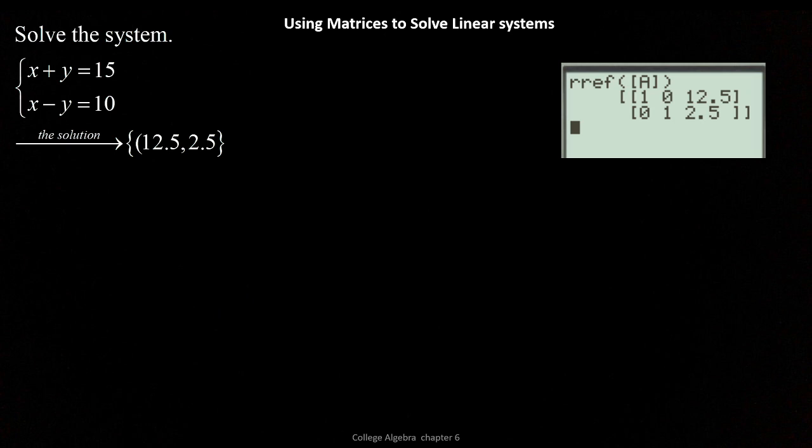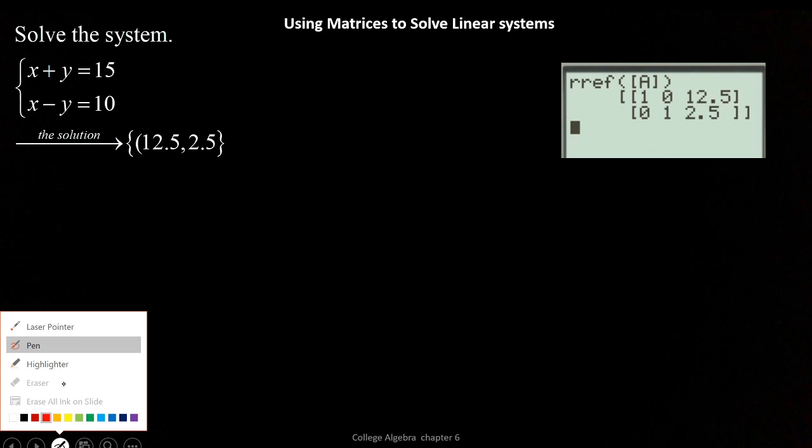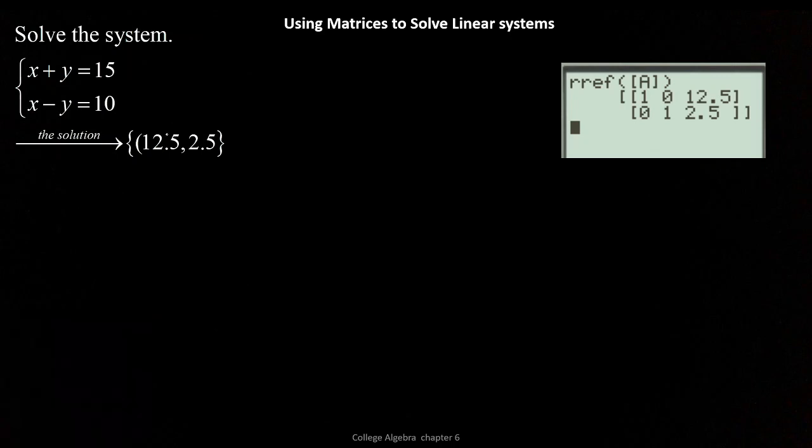So we know that if you have a 2 by 2 system, we can solve it using RREF. That means we can convert this to a matrix equation, right? So we have the matrix of coefficients on the left in order, times x y, equals a matrix on the right, which is 15 and 10.